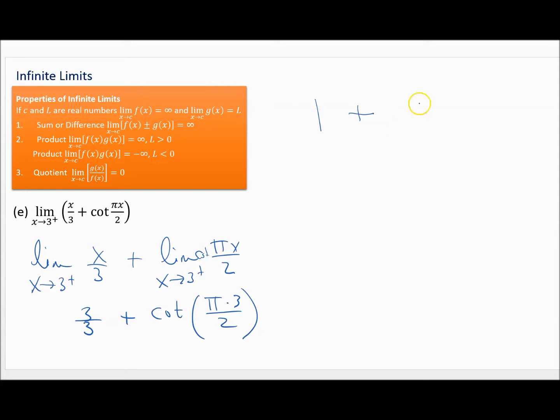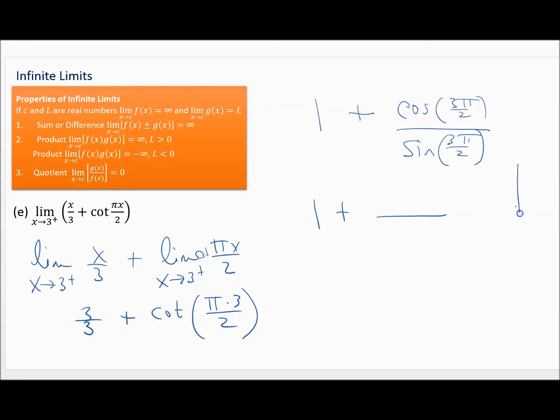So you all know that cotangent is cosine of 3 pi over 2 divided by sine. Remember, tangent is sine over cosine, so cotangent, its reciprocal, is cosine over sine. Now, the real question is, is this denominator equal to 0? It's actually not. So you've got 1 plus the cosine of 3 pi over 2.